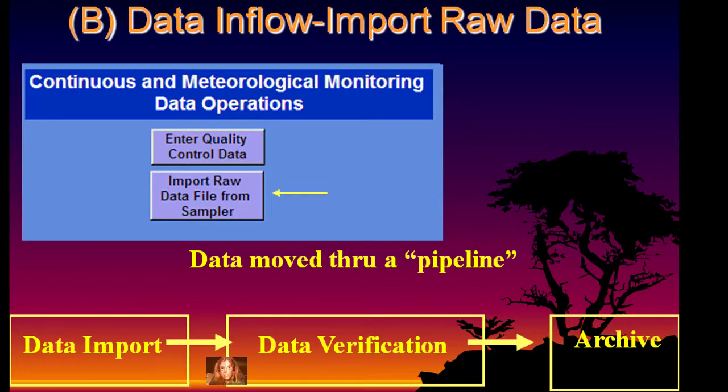But then you have to tell the Toolbox what it is, what pollutant, what analyzer it's coming from, and that happens in the data verification table, what units these are, and then transfer the data to the archive table where it sits until you're ready to do the final data review and invalidation. And the data verification table stays empty once you move that data into the archive table.